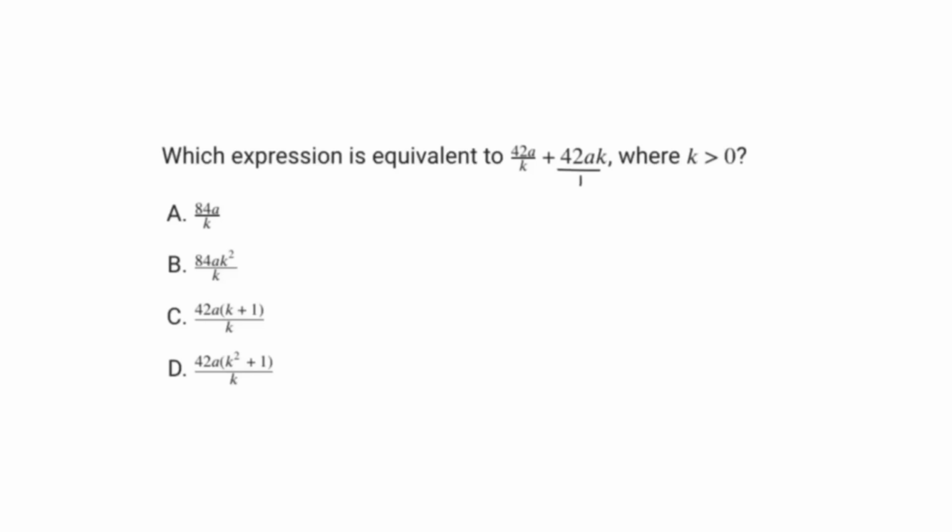And now what we can do is find the common denominator here. The common denominator is very simple for this problem. It's just k. So this right here just stays as 42a over k because it already had k in it. And we're going to multiply this 1 by k, so we're multiplying both the numerator and denominator by k.